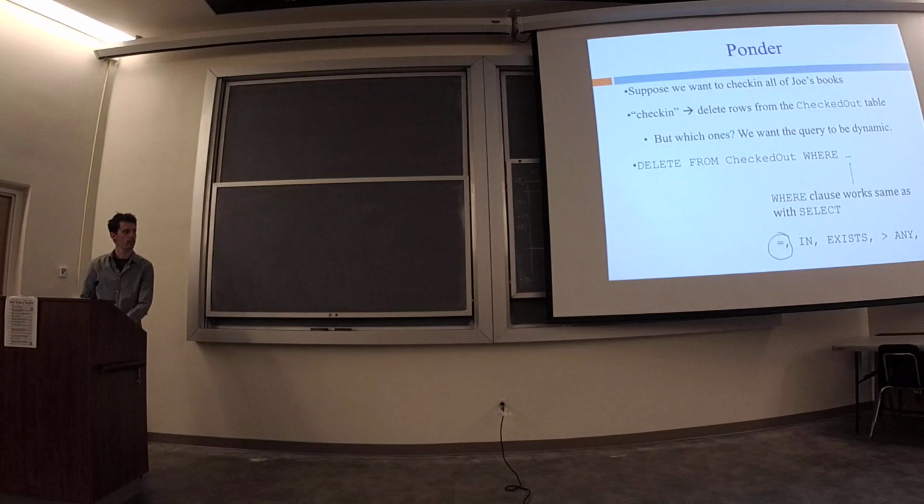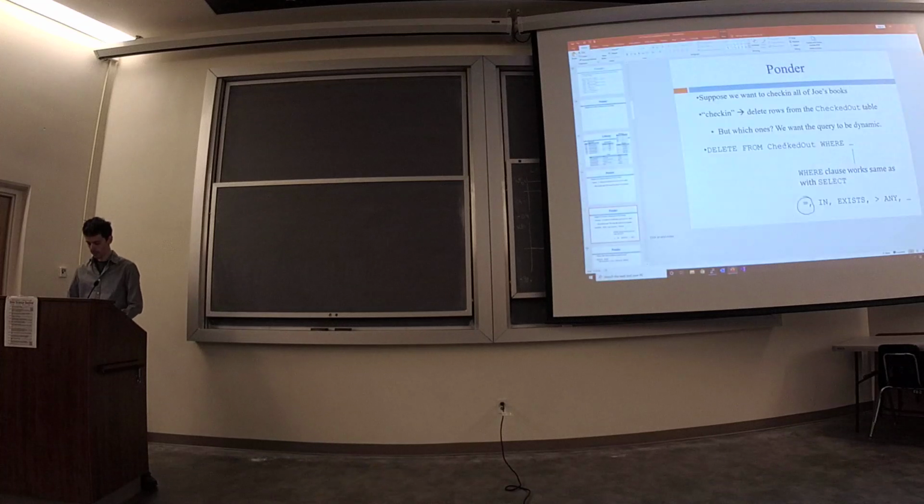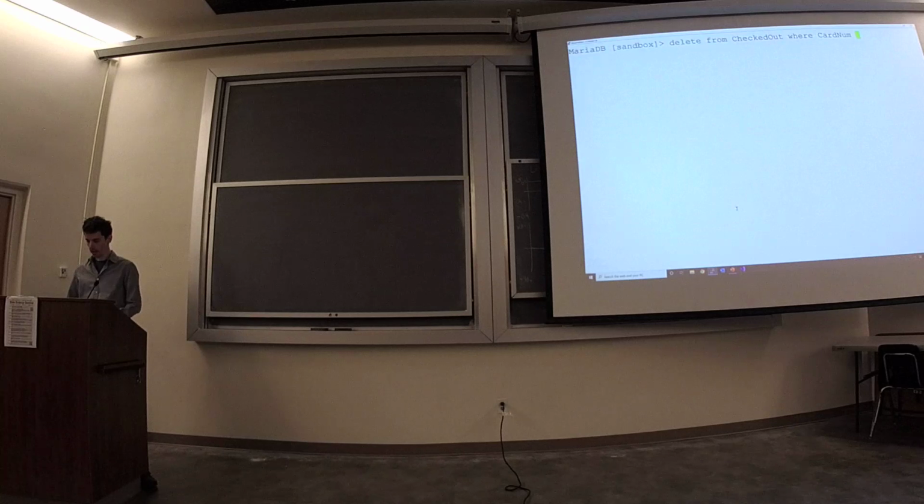So we will see. Let's formulate it that way. So instead of where card num equals 1, we know we can do that. But you can use the equals operator on a nested select.